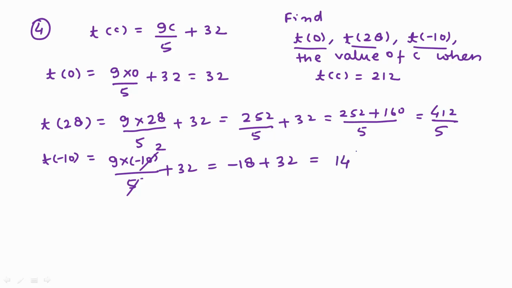And the value of C when T(C) is equal to 212. The given equation is T(C) = 9C upon 5 plus 32, and given that the value of T(C) is equal to 212.